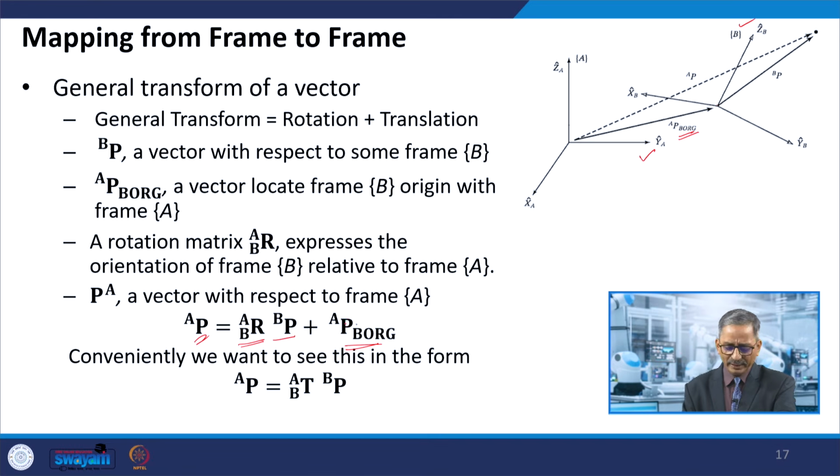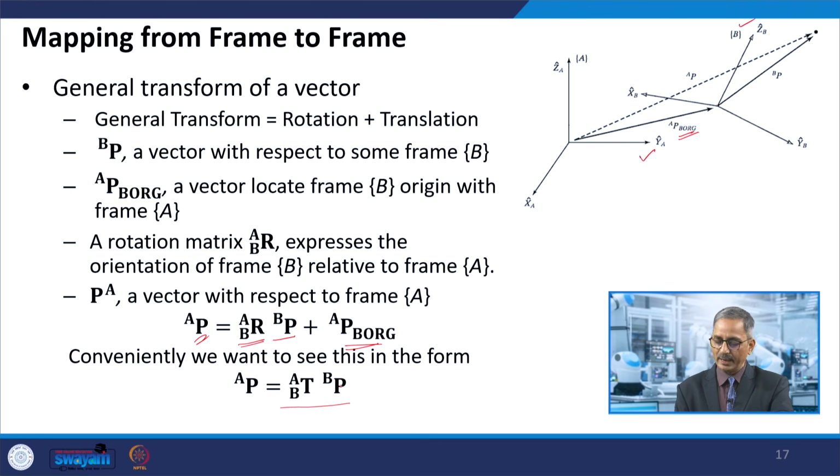Now, in this way of representation there is a problem: I have a vector being multiplied to a matrix and then it is added to another vector. What if I just have the two multiplication only, without any summation? That is going to be very convenient for me.